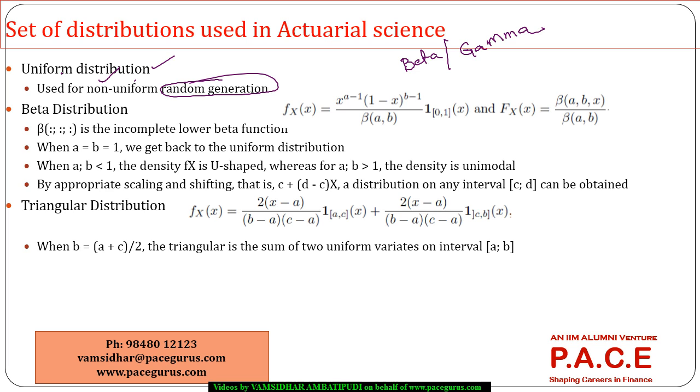Similarly, we are using the beta distribution. We'll use triangular distribution. Again, different kinds. Theoretically, I don't want to get into each of these aspects, but it is very possible that we use almost all these kinds of distributions in actuarial sciences.